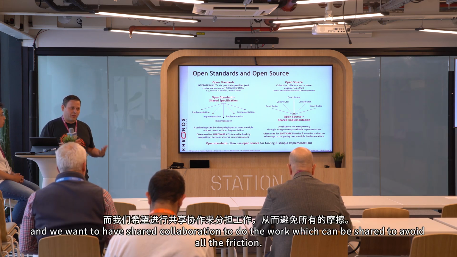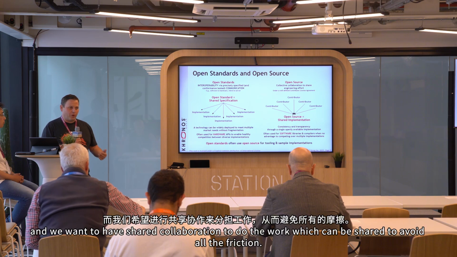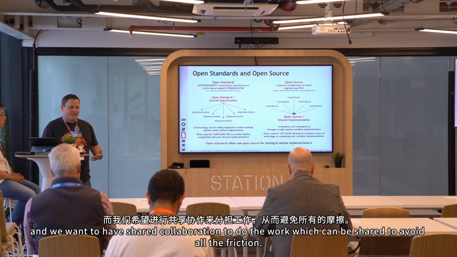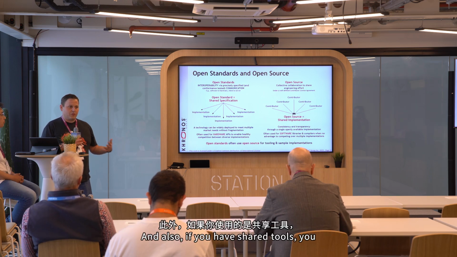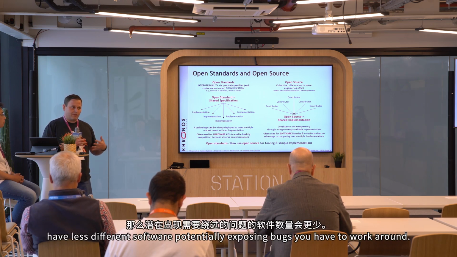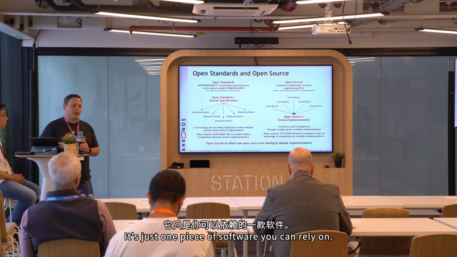We want to have shared collaboration to do the work which can be shared to avoid all the friction. Also, if you have shared tools, you have less different software potentially exposing bugs you have to work around. It's just one piece of software you can rely on.